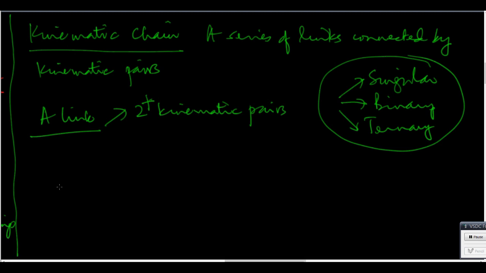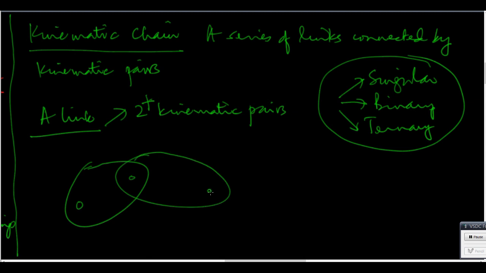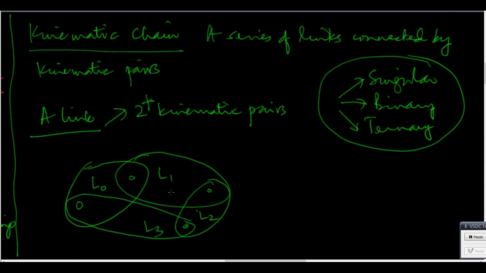If the kinematic chain, series of links, so for example, like this, like this, like this, every link is connected to at least two other bodies, right? Then it is called a closed link. Every link is connected to at least two other links, L0, L1, L2, L3. L0 is connected to L1 and L3, and so on. This is a closed link.